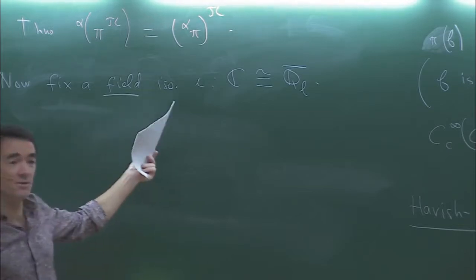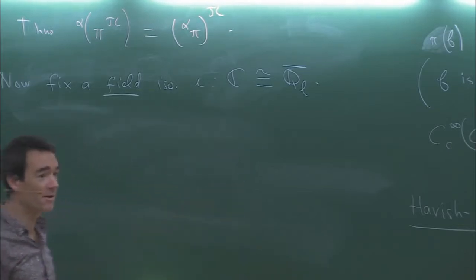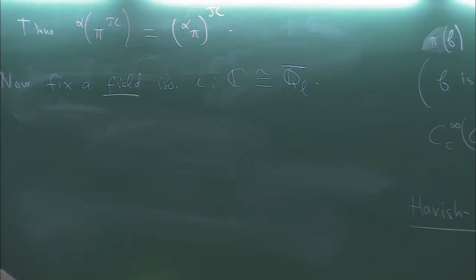So thanks to this isomorphism iota, we are going to replace C by QL bar as a field of coefficients of our representations.